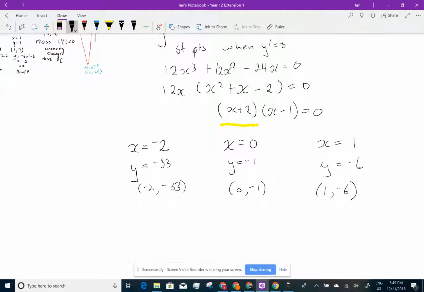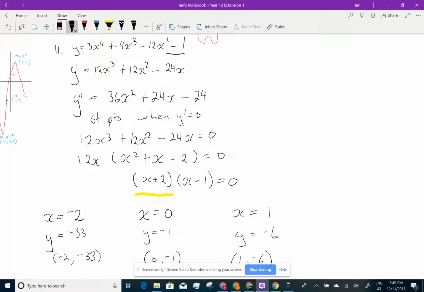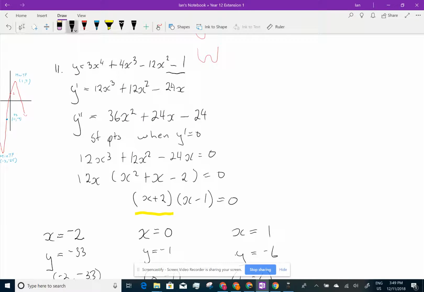While I've got my calculator in that mode, I'm just very quickly going to do this so I can get the y value. I haven't determined the nature of the stationary points yet. Possible PI when y double dash equals 0.